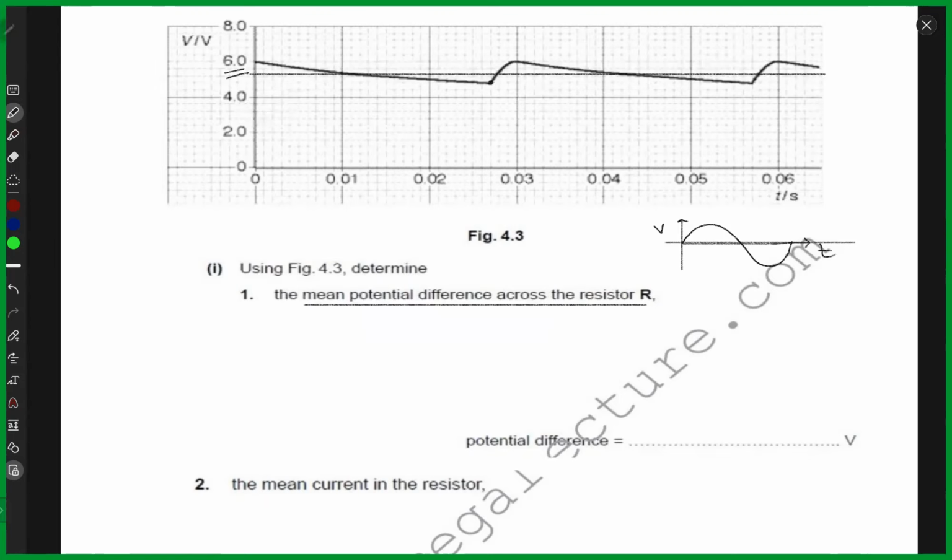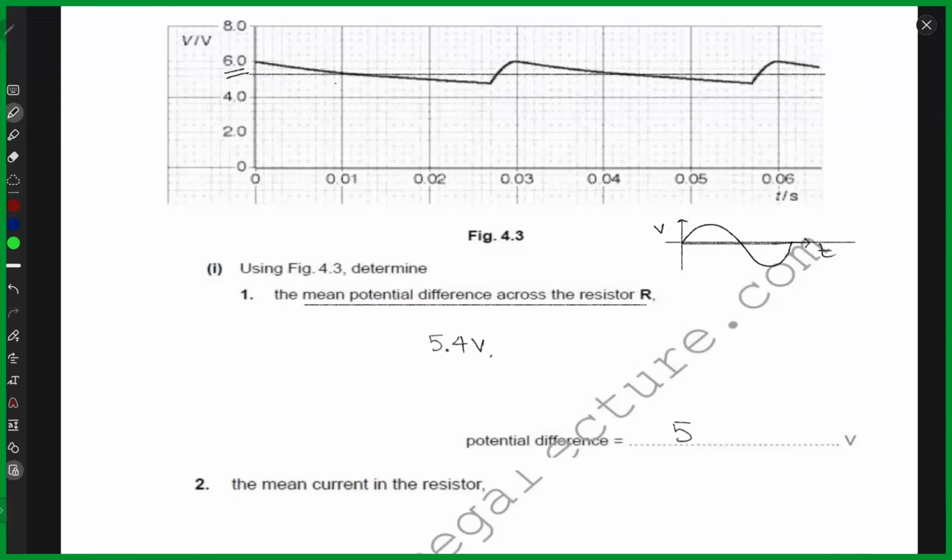In this case, this is the maximum value, which is 6 volts. And the least value, where will you measure that from? 4.8. This line here, right? If you do it that way as well, you'll still get approximately 5.4 volts.